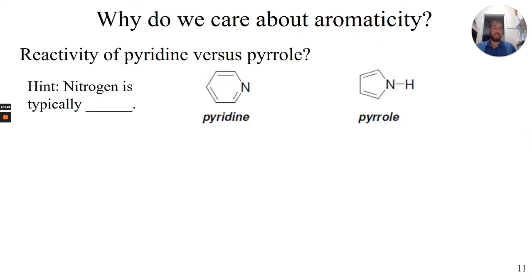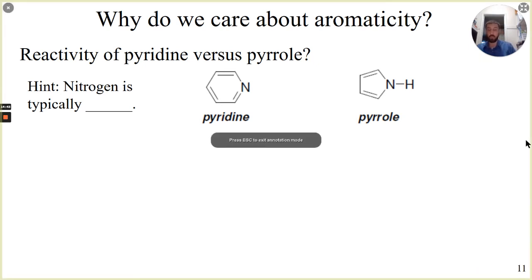So why do I care about aromaticity? Well, if we looked at these 2 molecules, how might they react? And so based off of our last unit, we actually addressed what the nitrogen is very capable of doing. Well, that nitrogen has a lone pair of electrons, and as a lone pair, it could donate those electrons. That nitrogen could act as a base or potentially as a nucleophile if you wanted to dig into it.